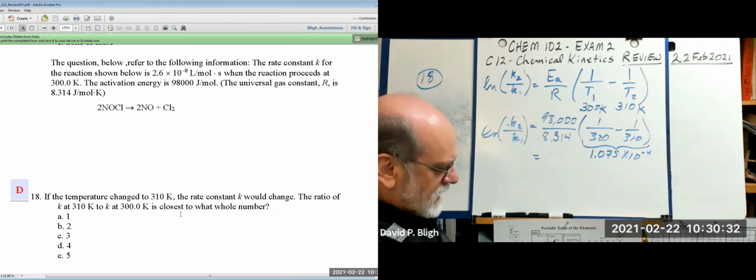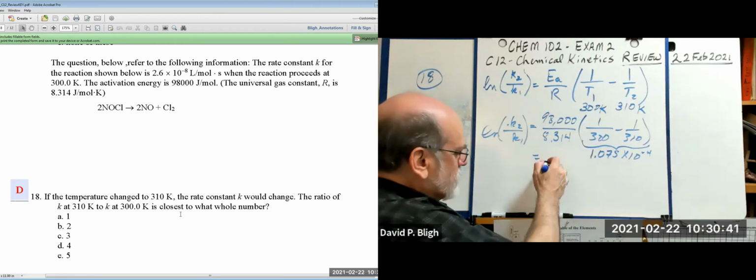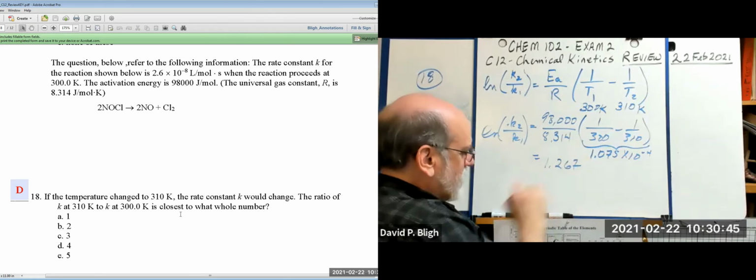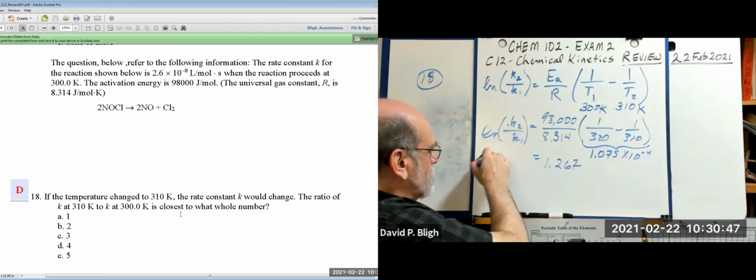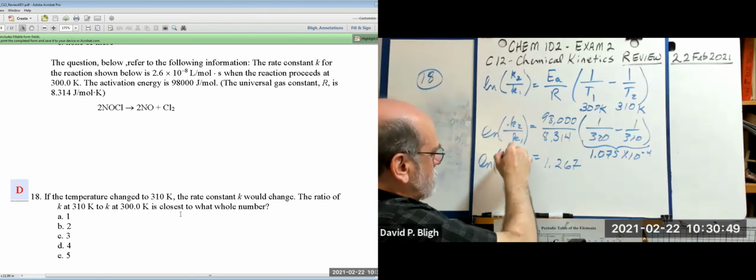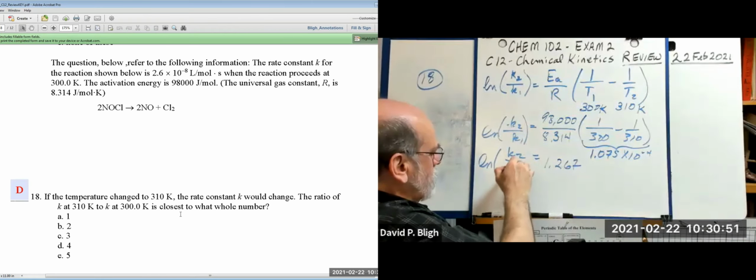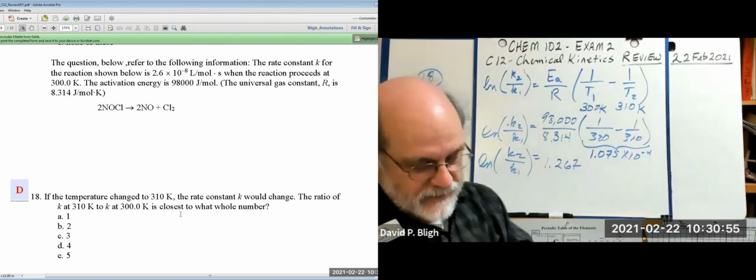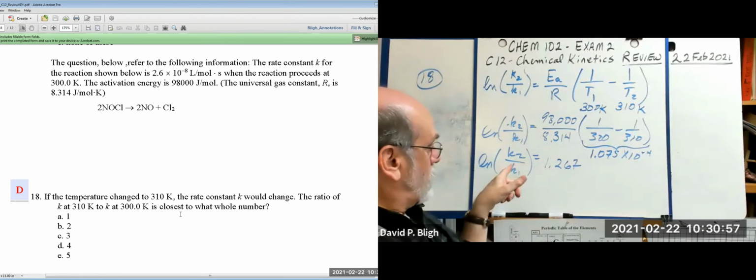Okay, now 98,000 and 8.314. So this is 1.267, which is equal to log of K2 over K1. Okay? So there's our ratio.